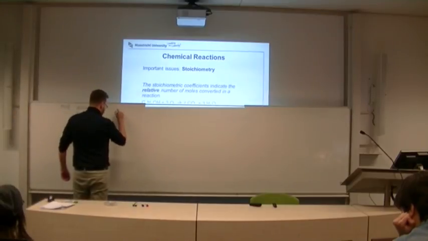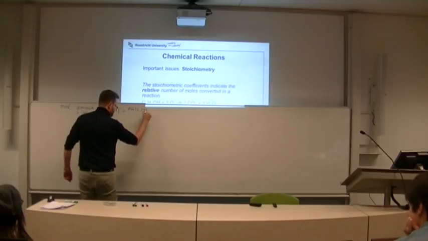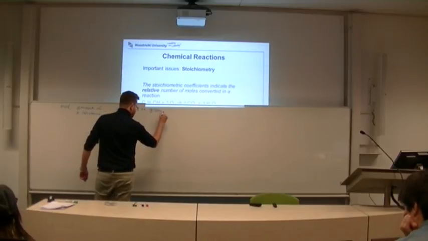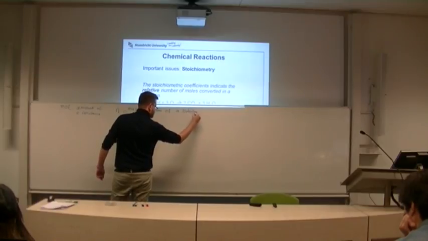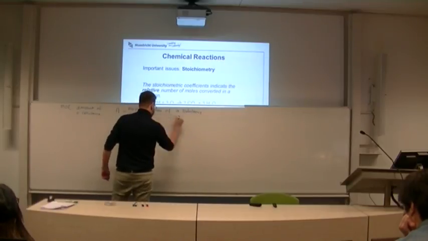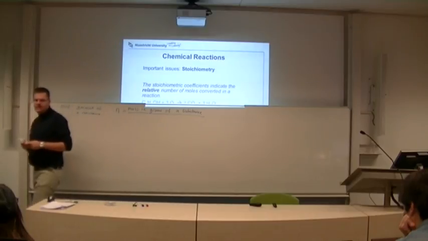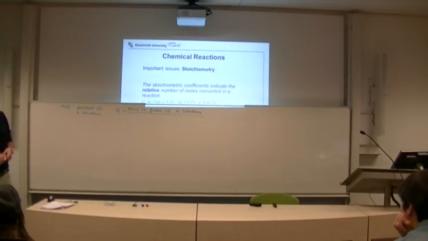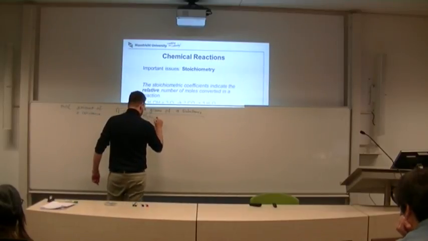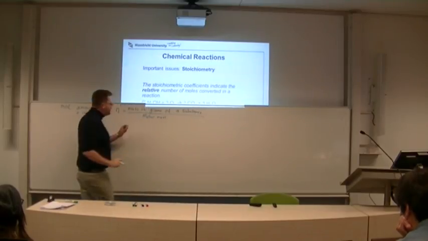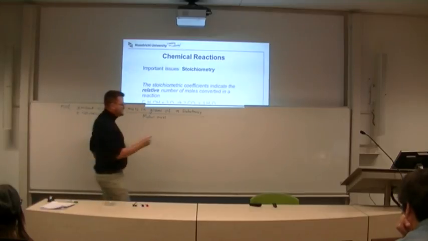How do we calculate the number of moles? There's a simple formula. It's the mass in grams of a substance divided by what? The molecular weight, or the molar mass. Now, the units: mass in grams is obviously grams.